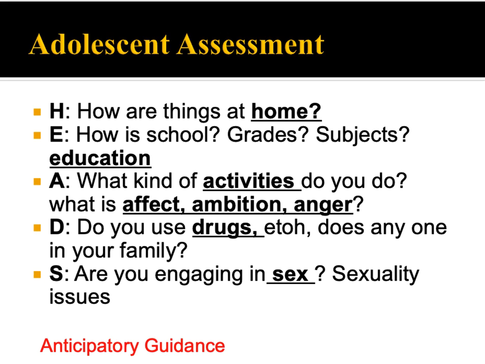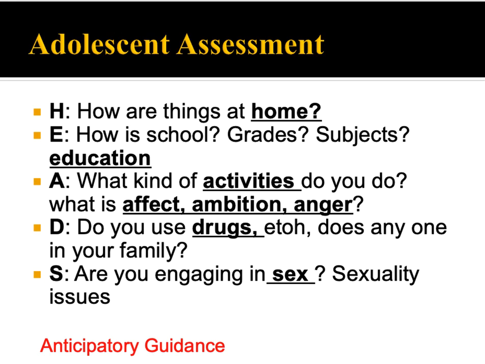So we get at education, activities. Well, what do you do for fun? What are your recreational activities? And then you can also get a gauge for what is their affect? What is their ambition? Do they have goals? Are they angry? All right, that's A. D is drugs or substances.